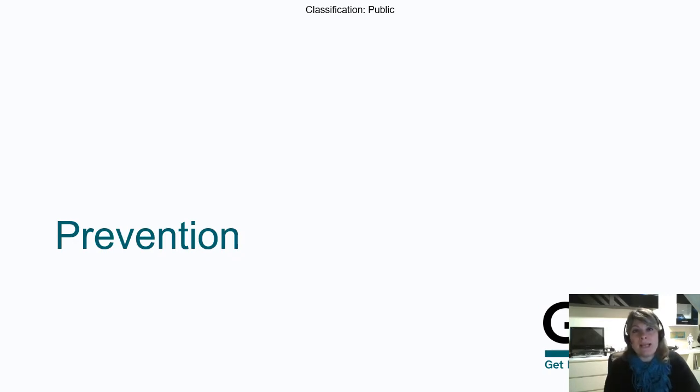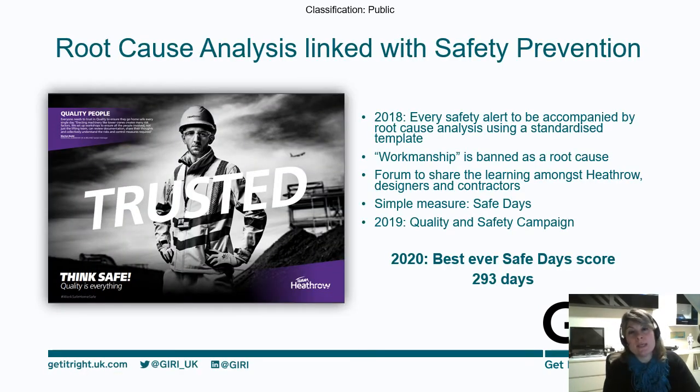So a little bit about prevention. I'll give you an example of how we've used the 8D and root cause analysis as a prevention mechanism at Heathrow. In 2018, one of our directors had just become a director appointed responsible for health and safety, and we were having a discussion about our health and safety performance.